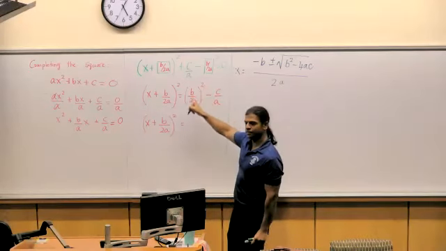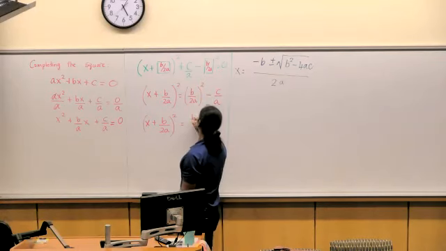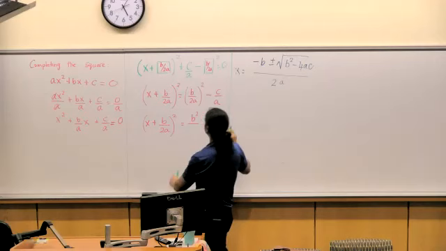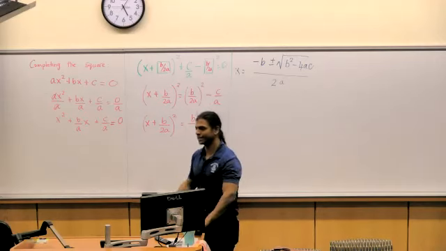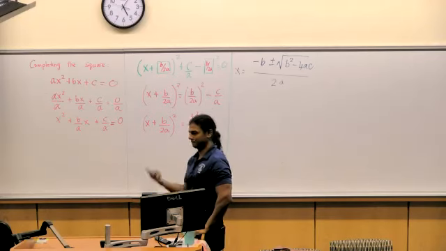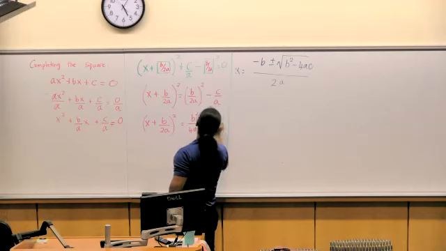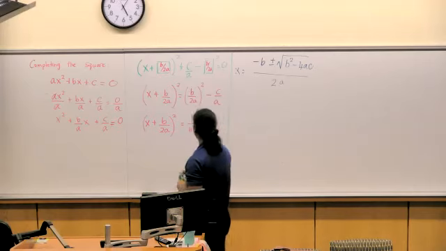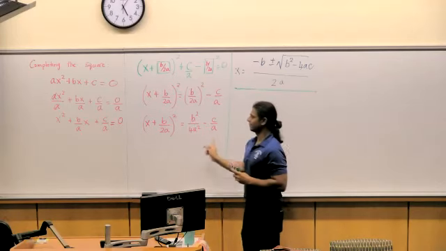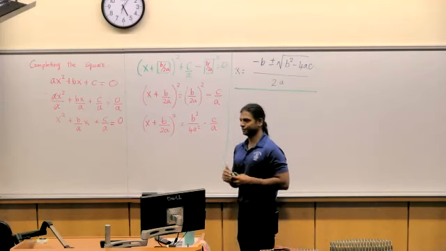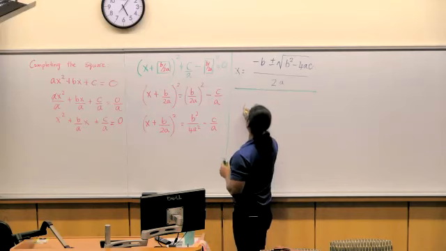I can apply the square to the numerator and the denominator. So b squared divided by, if you square 2a, what would you get? 4a squared, minus c over a. How do I combine this? Common denominator.